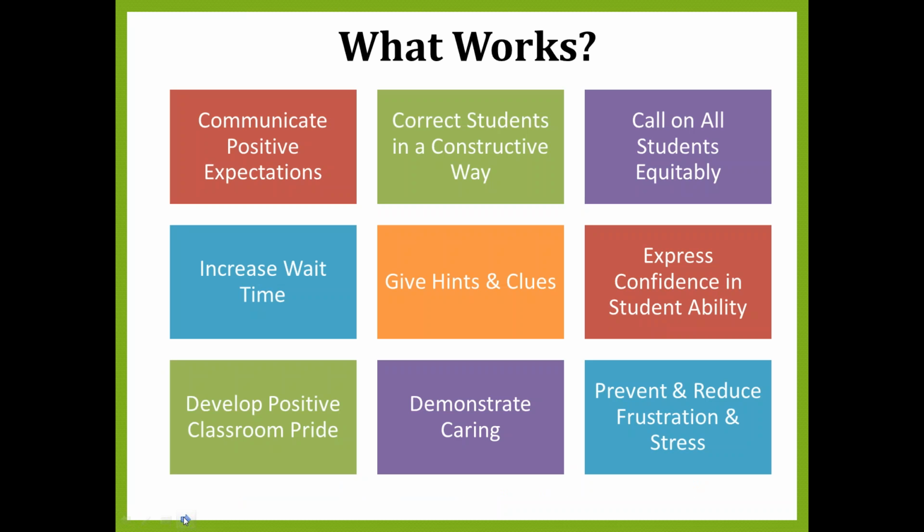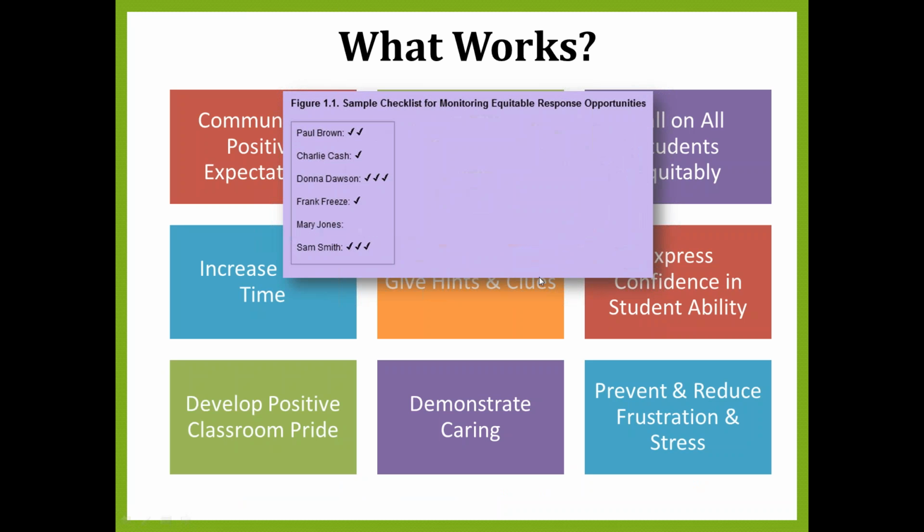When we think about what works for behavior, research tells us that the practices listed on the screen work to help curb those undesirable behaviors. Let's look at calling on students equitably. Here's a way that we can make a simple checklist to monitor our class and see the responses we're getting, to make it equitable for all.